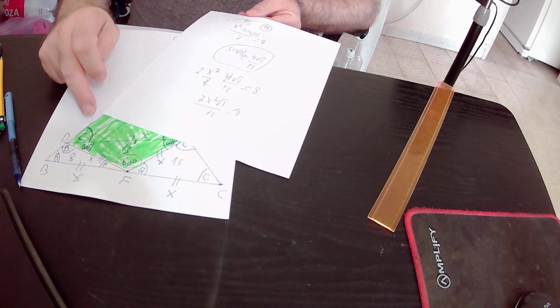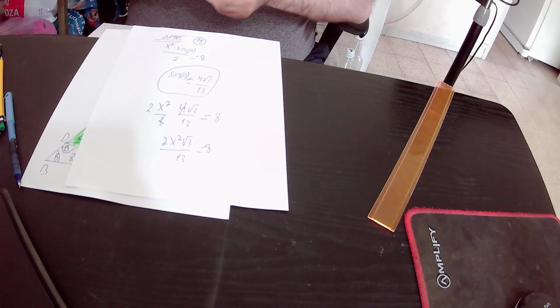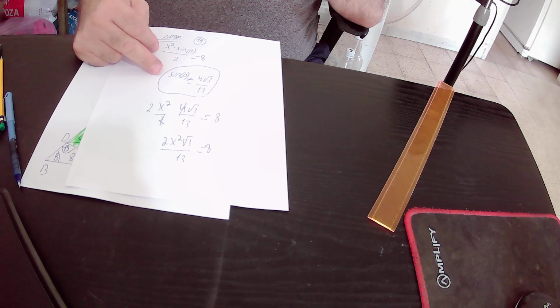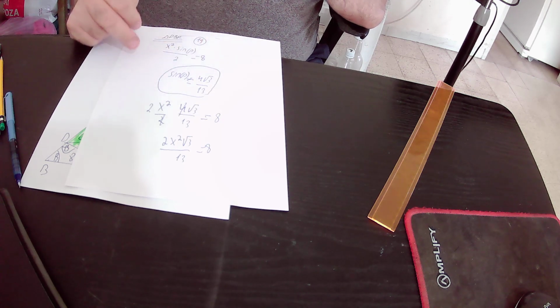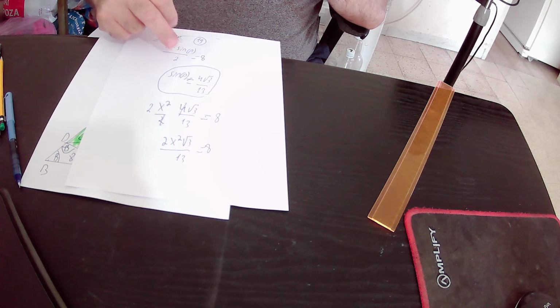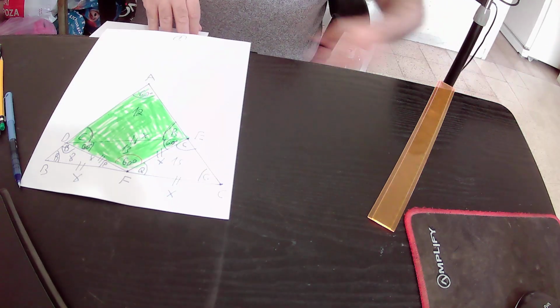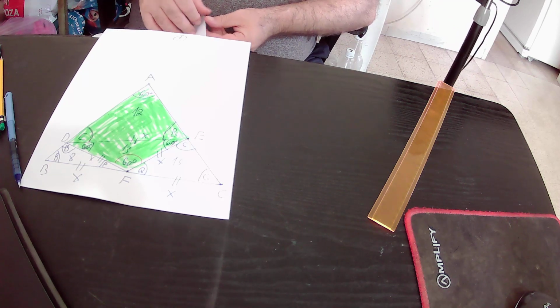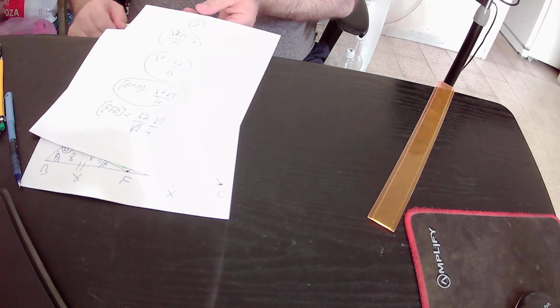It is equal to x squared times sine p over 2, and we have already found out that sine p equals 4 times root 3 over 13, so we can substitute the value of sine p by 4 times root 3 over 13. We found out that x squared equals 52 over root 3.